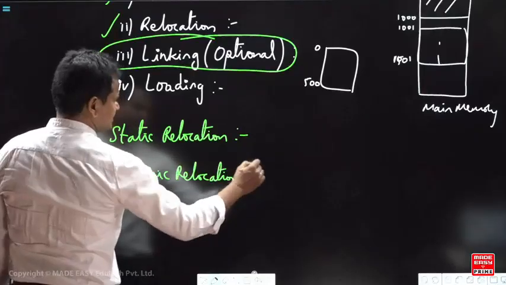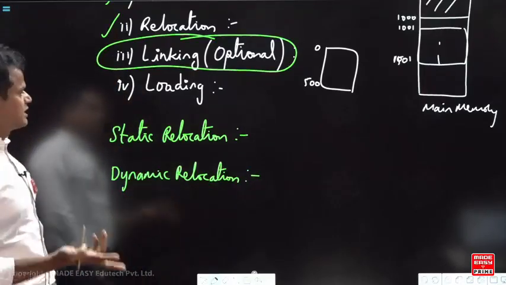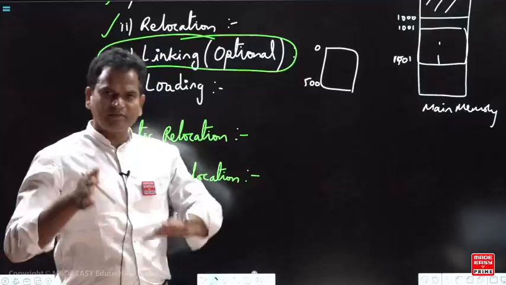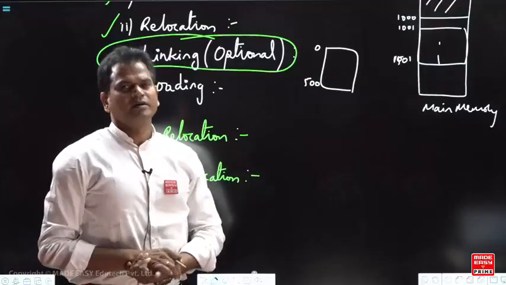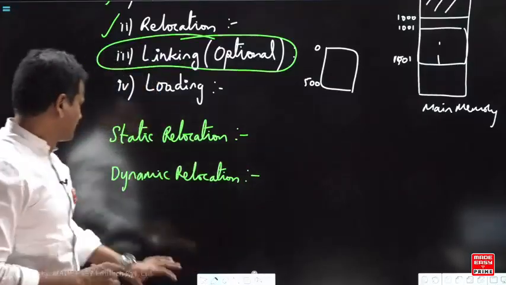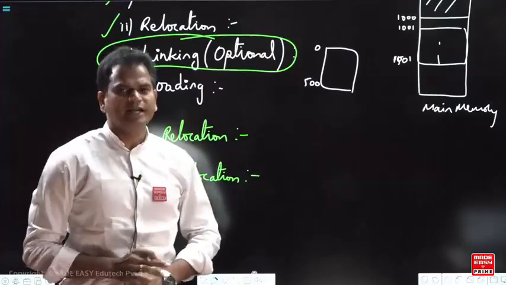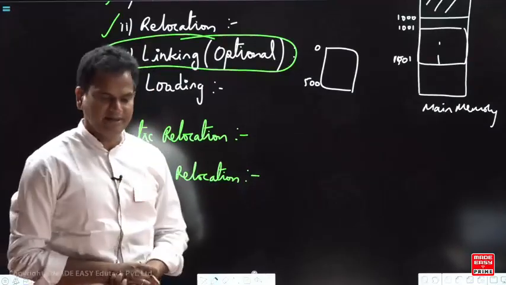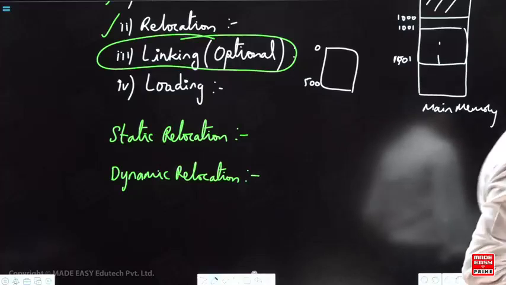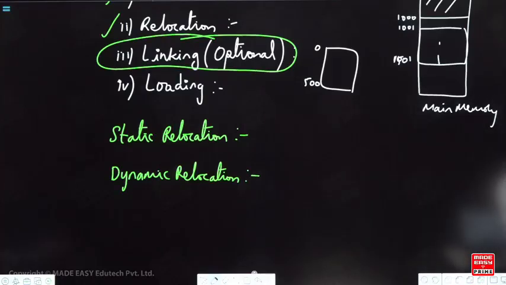So static relocation means during the loading of the program, and dynamic relocation means at the time of execution of the program.